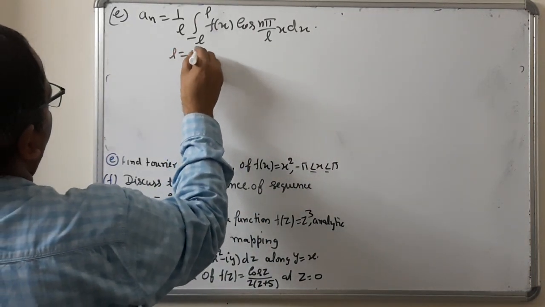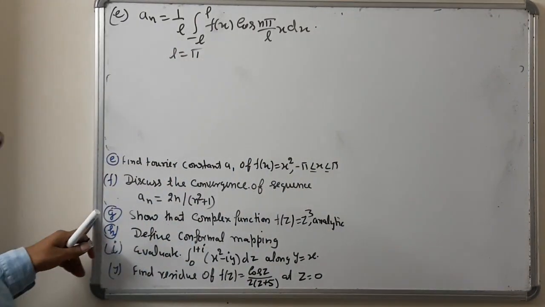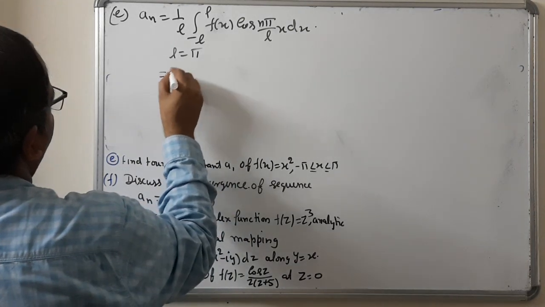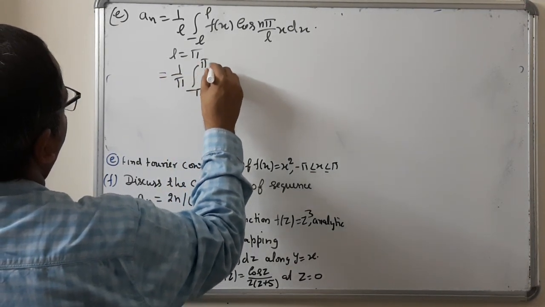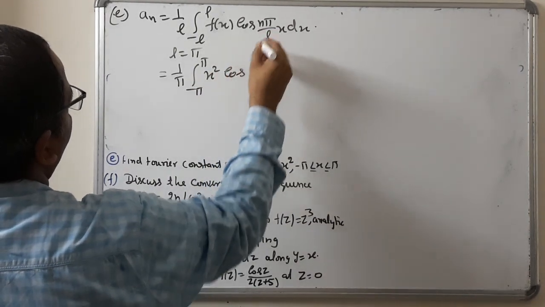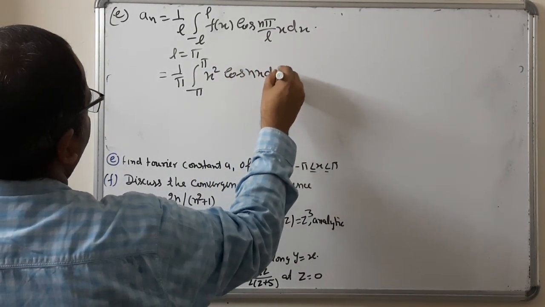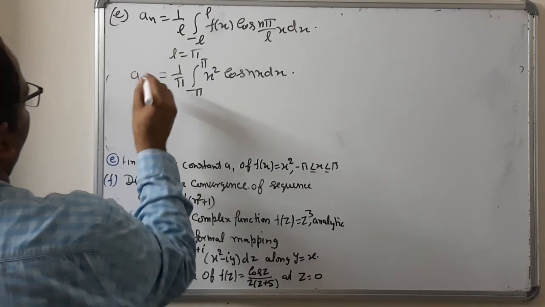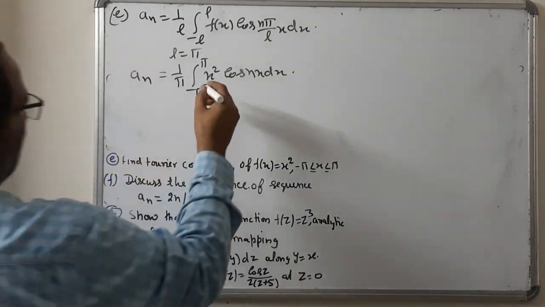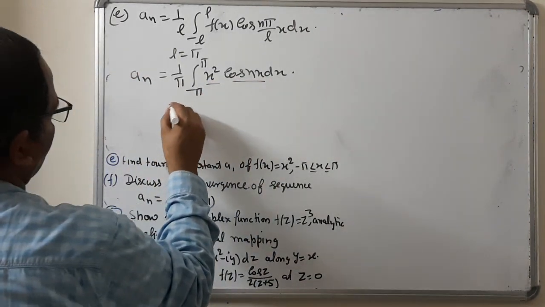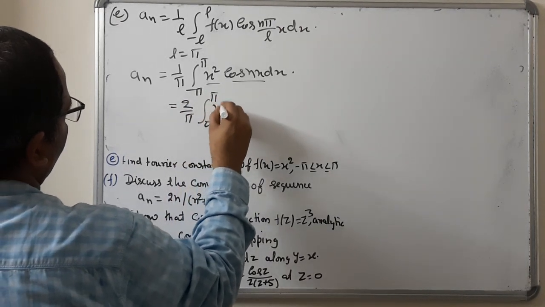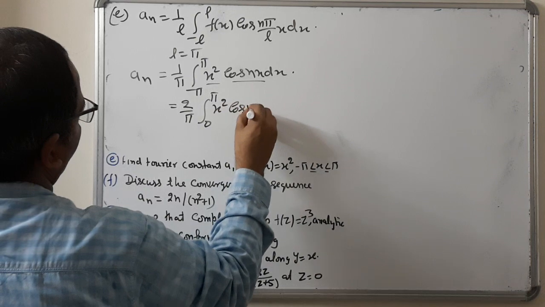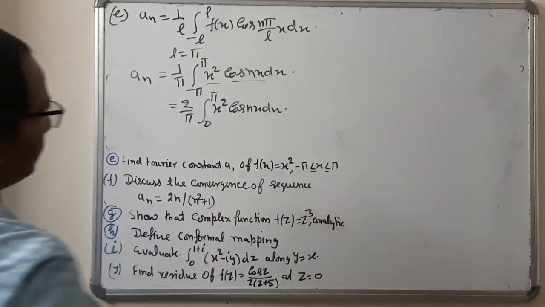Here L is equal to pi. So we get 1 upon pi, minus pi to pi, x square cos nx dx. This is the value of An. This is an even function, so you can write this as 2 upon pi, 0 to pi, x square cos nx dx.